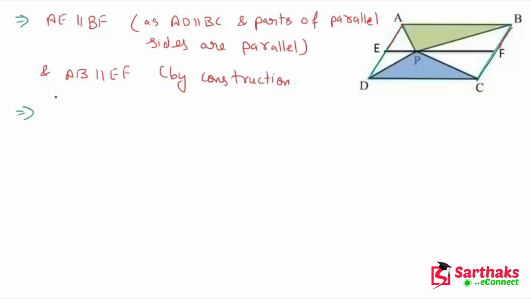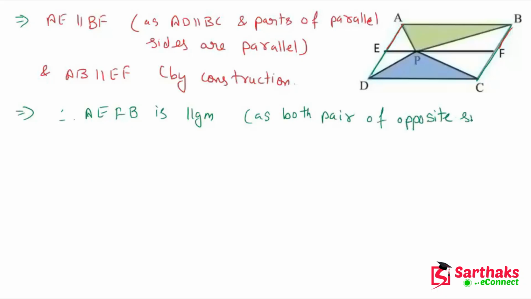So here we can write: since AEFB is a parallelogram, as both pairs of opposite sides are parallel. Okay, my dear friends, I hope you get this point.